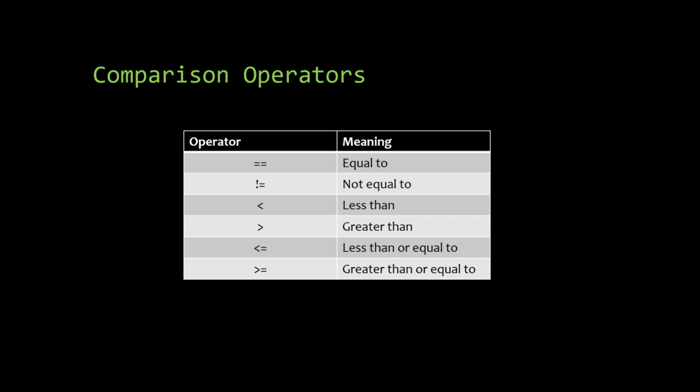And if the thing on the left is the same as the thing on the right, then they are equal. So that's true. At the same time, if I ask the question, is the thing on the left not equal to the thing on the right? Well, once again, I'm asking a yes or no question, or in Python, a true or false question.